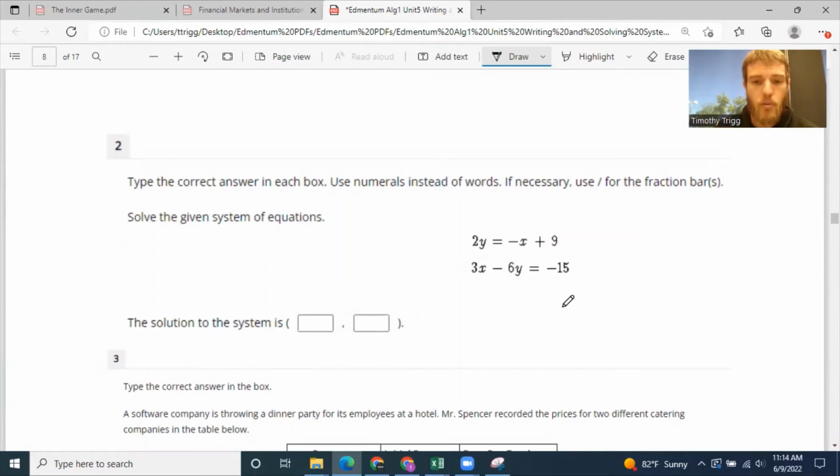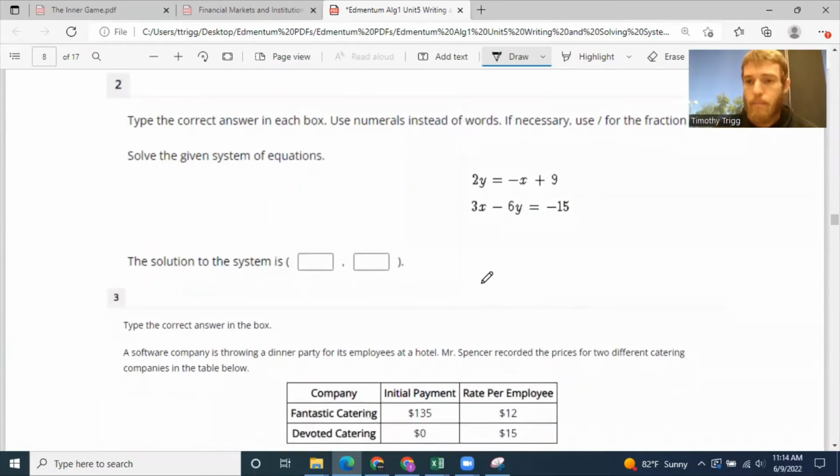So we want to use substitution to solve for x and y here. Well, I notice here that this first equation is not solved for either x or y. So I would like to get one of my variables by itself. So my first step here, I can get y by itself by dividing by 2 on this first equation.